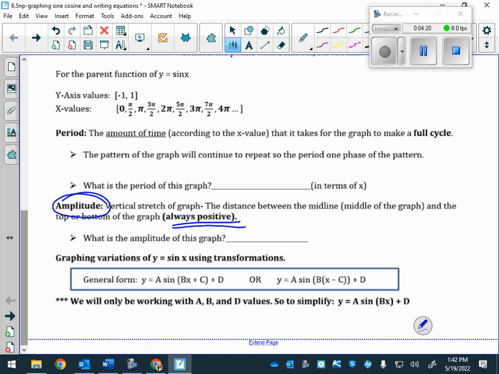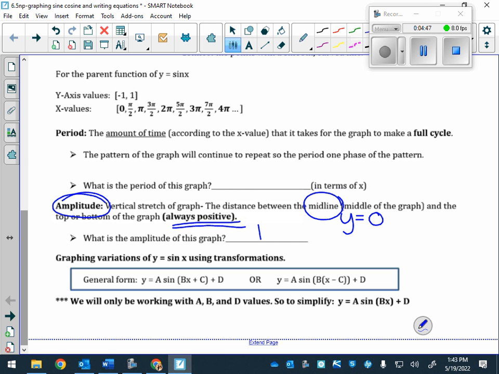Reflection. That's the same thing here. So if you see a negative sine of x, the amplitude is still 1, but there is a reflection. So the amplitude of the graph above is 1. And it's the distance between the midline, which is the middle of the graph, in this case y equals 0, to the top.